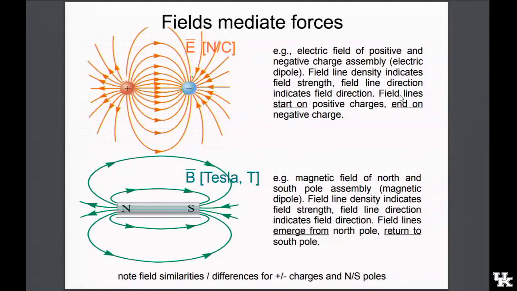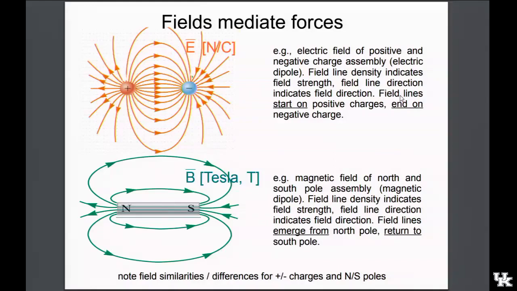So they tell us the strength, the size, the magnitude of the electrical field. They also tell us the direction. Along this midplane, the field is going from left to right, because the field lines are going from left to right. Near the positive charge, the field lines come radially outwards. That's the direction of the field near the positive charge. Near the negative charge, the field lines are going radially inwards. That's the direction at the location of the negative charge.